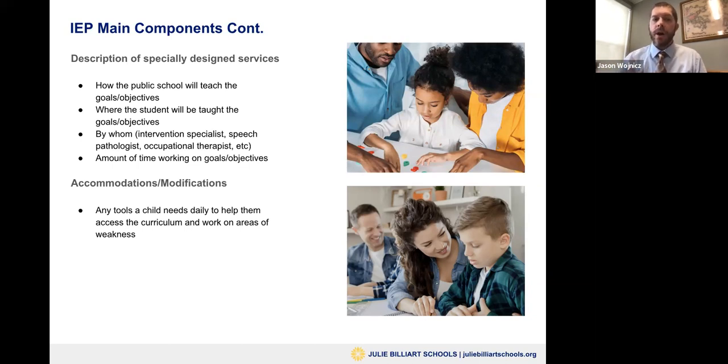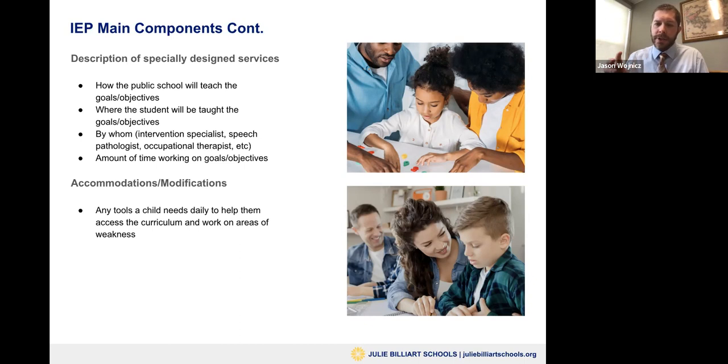These ideas all fall within the specially designed services. And so, for an example, you have an academic goal that focuses on reading fluency. And so this is the first goal of their IEP that's been addressed. In the specially designed services of the IEP, it's going to outline goal number 1.